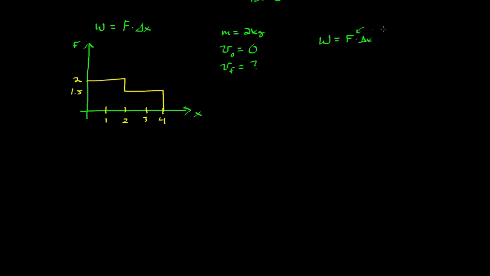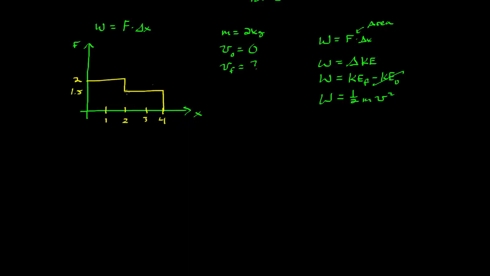And whenever I have a multiply, that's area. So if I have force plotted versus distance, I can get the area, and that's going to tell me work. And then work is change in kinetic energy. So we get kinetic energy final minus initial. And there was no initial velocity, so there's no kinetic energy. So the work in this case is going to be all kinetic energy, 1/2 mv squared.